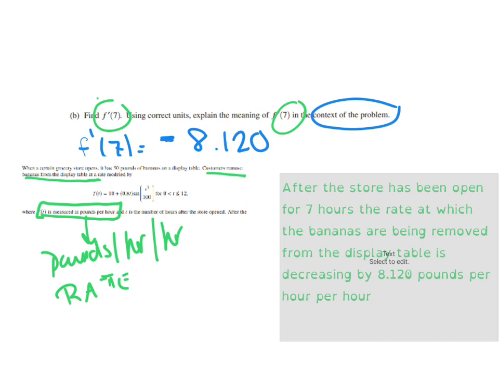After the store has been open for 7 hours, since that was the number we plugged in, the rate, we have to have that word in there, at which the bananas are being removed, since that's what f of t was, from the display table is decreasing by 8.120 pounds per hour per hour. So why did I say decreasing? Well, my derivative was negative, which tells me that the function is decreasing.